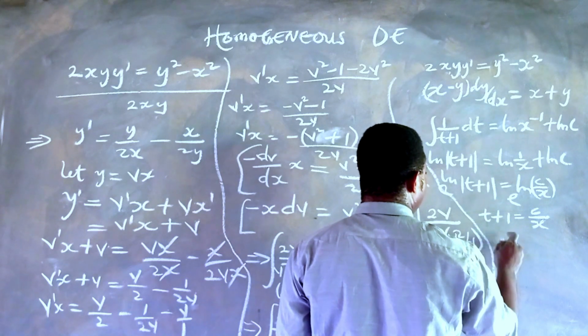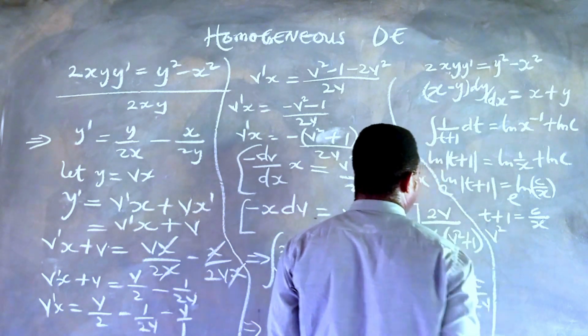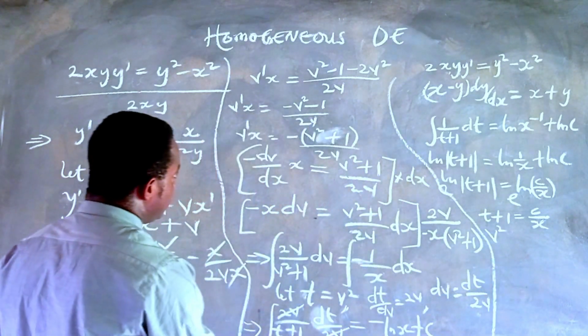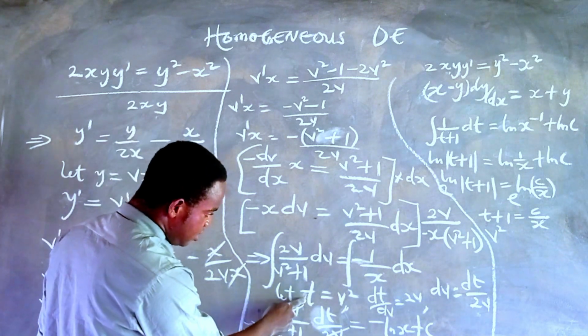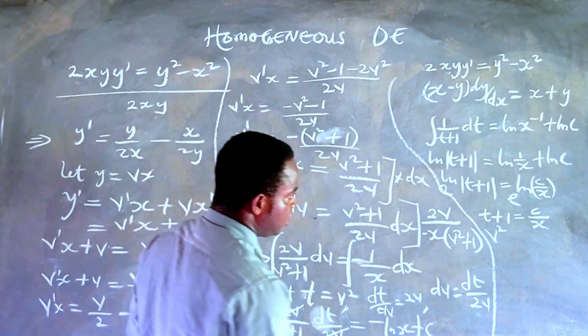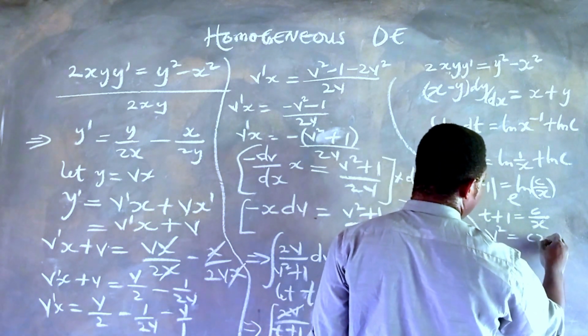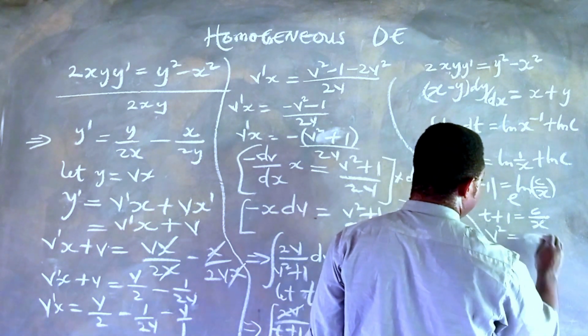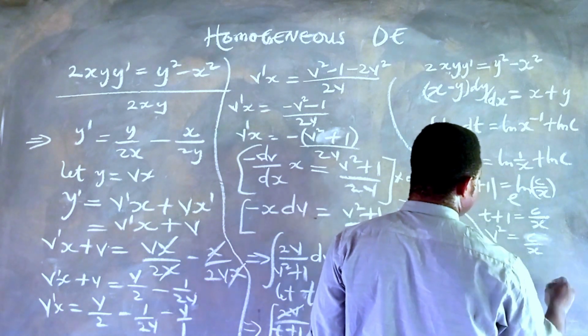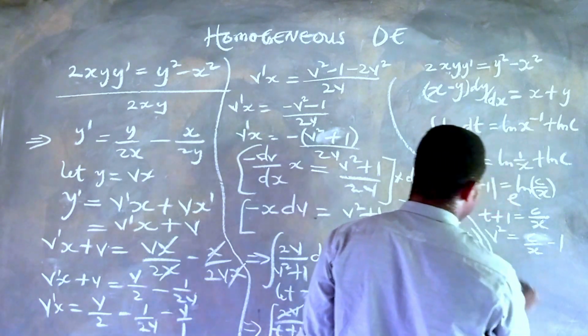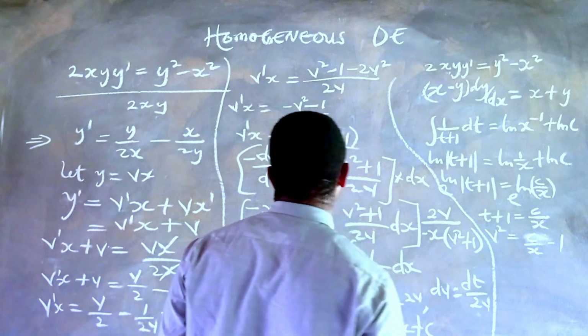So what is t? t is v squared, right? Remember we set t equal to v squared. I'm bringing this 1 to the other side, so I have c all over x minus 1, right? So we take the square root of both sides.